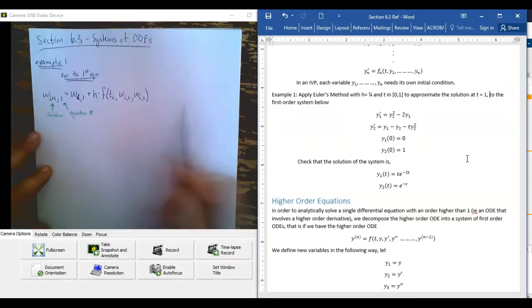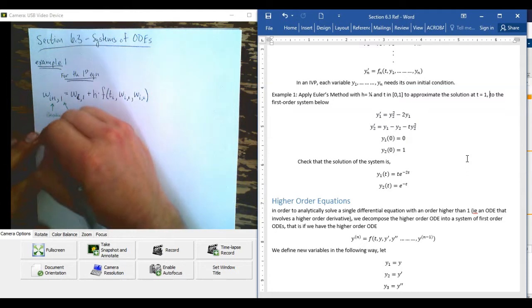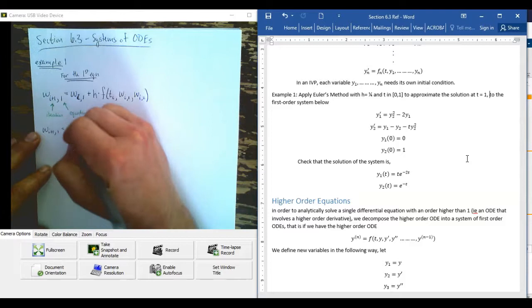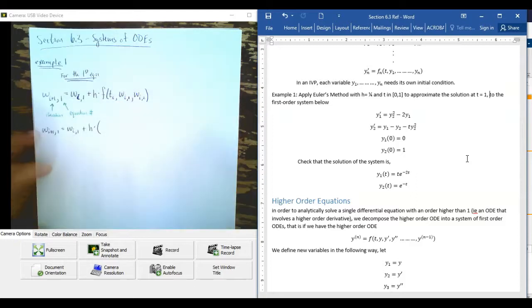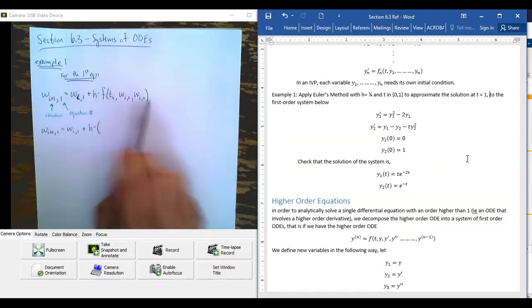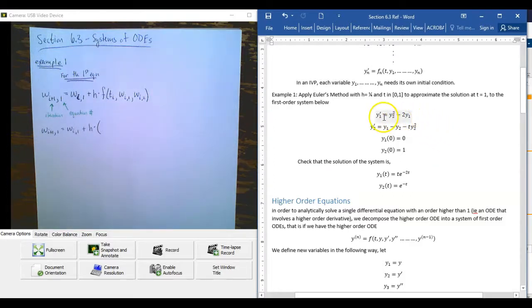So with this particular problem, how would this look? Our next approximation comes from the previous one plus h times f. Now f represents the right-hand side of the differential equation. The right-hand side of this differential equation is y2 squared minus 2 times y1.